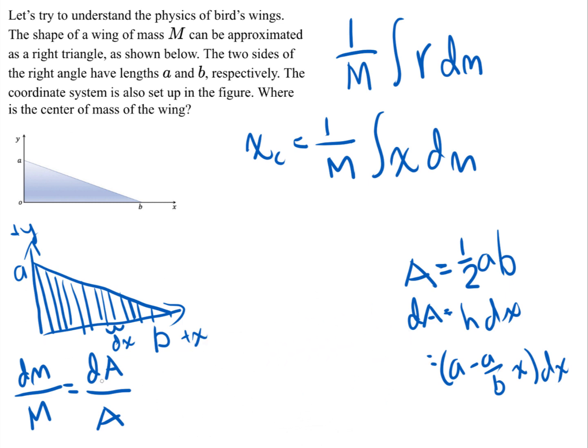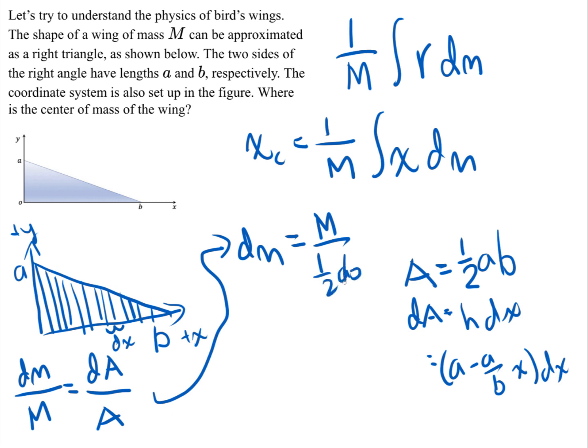So if we solve for dm, each little mass dm is equal to the total mass m divided by the total area A, which is 1/2 AB, as we calculated here, times the area of each little rectangle, which is given by dA.